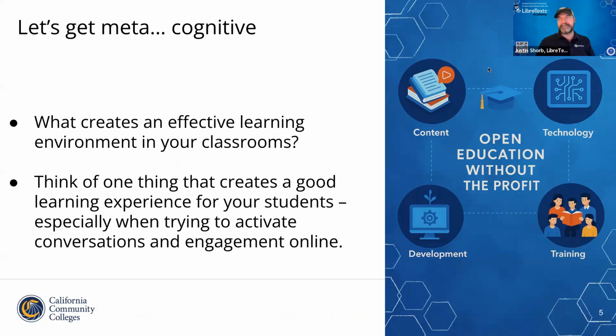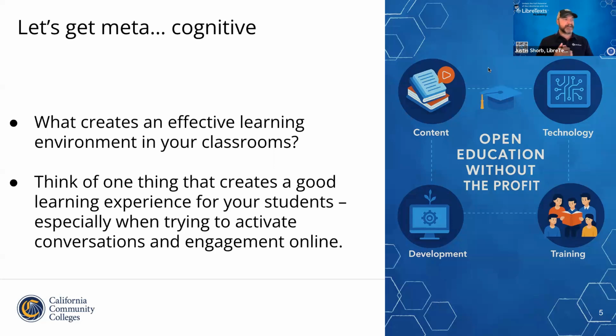One thing I want you to be cognizant of is this is not a lecture series. I'm not here to talk to you. I am here to show you some things, of course, but really this is a learning environment. So let's get metacognitive for a bit. If you saw my previous presentation, this slide will look familiar. I do want you to just take a minute to think about what creates an effective learning environment in your classroom.